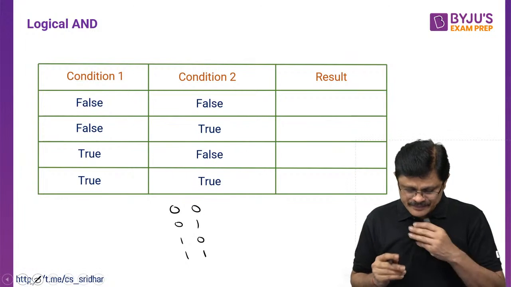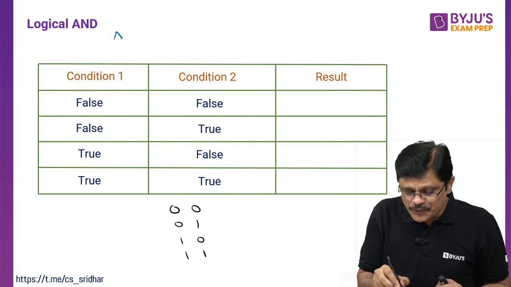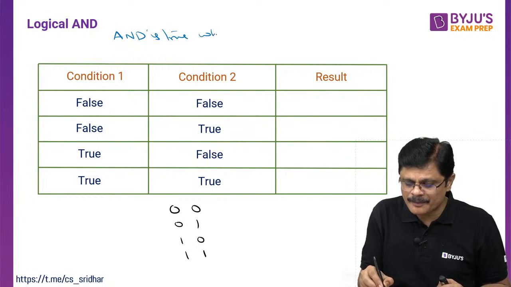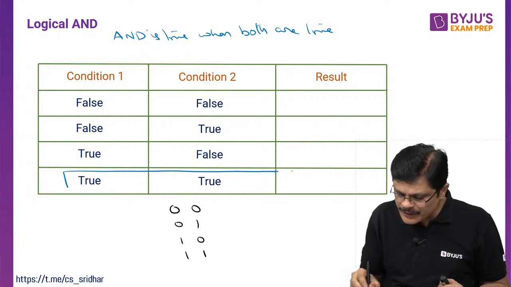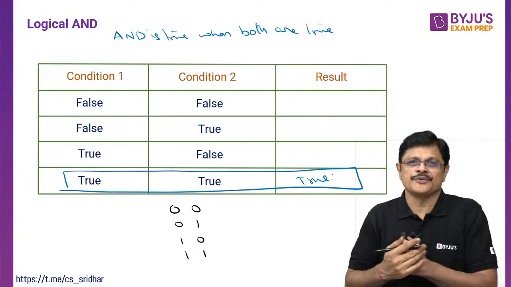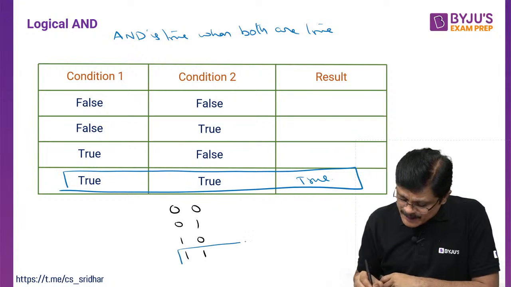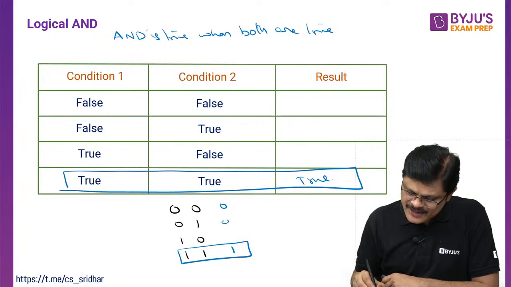Now remember, logical AND is true when both are true. Only when both are true is this AND true, my dear friends. So only in this particular case you get the returned answer as 1. In the remaining cases, obviously it is 0, my dear friends.